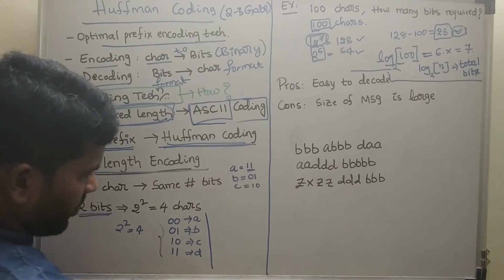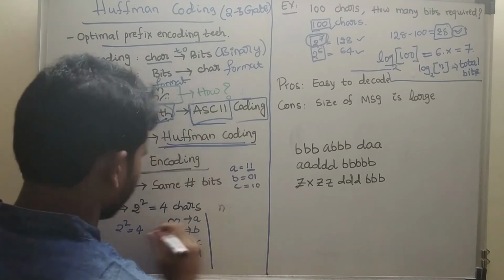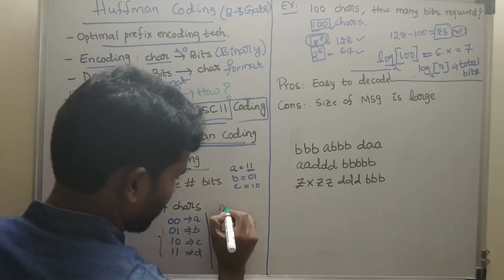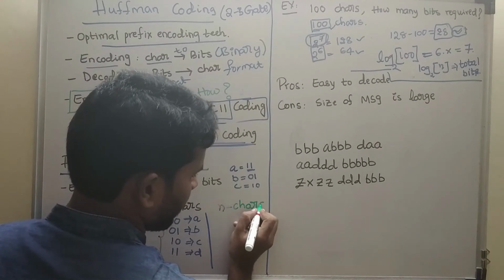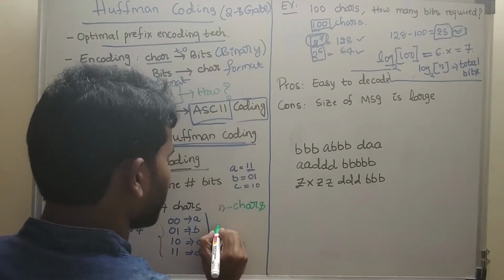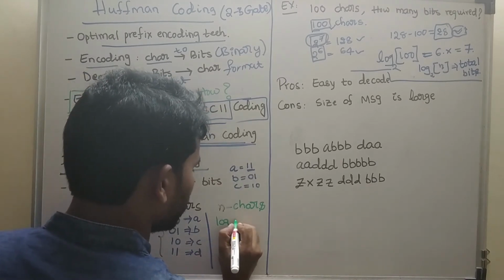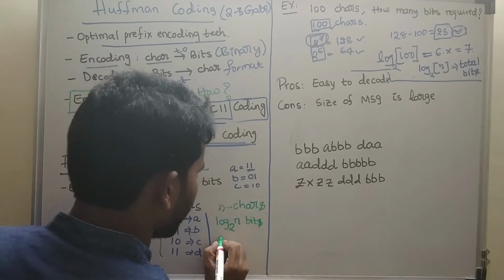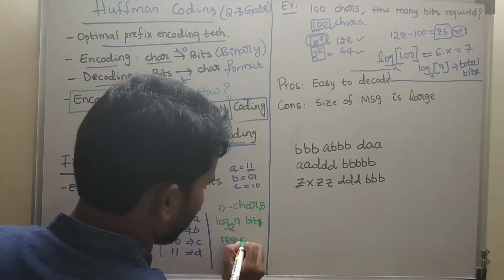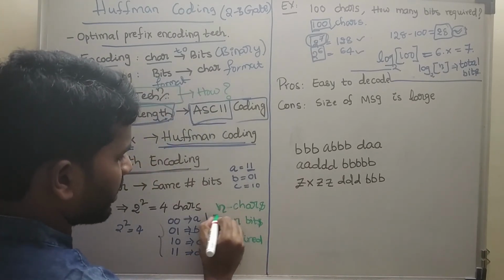For n characters, how many bits are required? Log base 2 of n bits are required to represent these n characters.